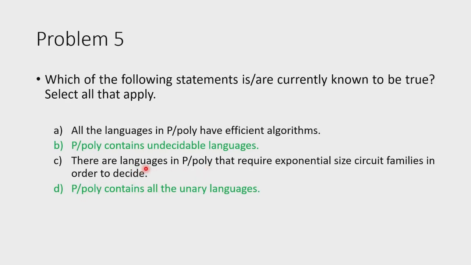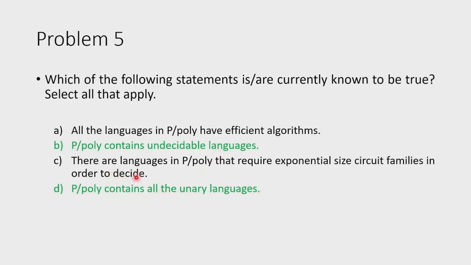Oh wait, no. C says there are languages in P/Poly that require exponential size circuit families in order to decide, but this is not true because the definition of P/Poly is poly-size circuits. So this is false from the very definition of P/Poly. And P/Poly does contain unary languages.